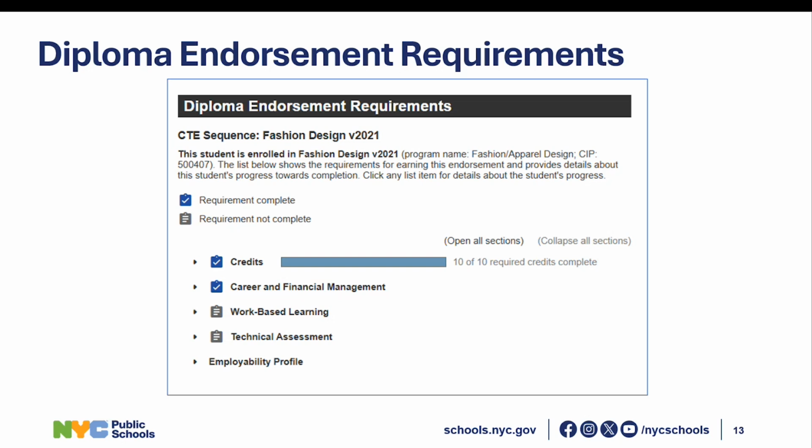When the requirement has been completed, you'll see this blue checkbox pop up, such as here. A gray box indicates that the requirement is not complete. So as you can see from this example, credits and career and financial management are complete, but the requirements of work-based learning, technical assessment, and employability are not.